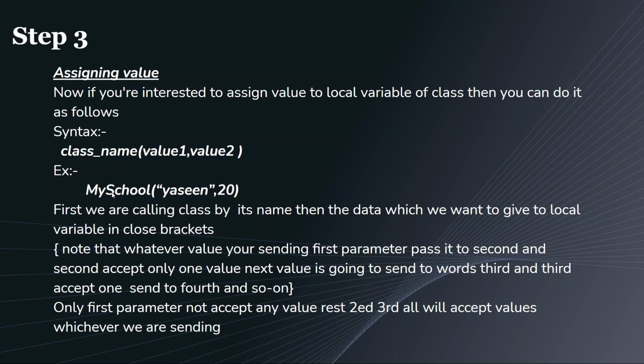In my class I am taking my class name which I have initially defined, and I want to store Yasin in the place of name and 20 at the place of age. First we are calling the class by its name and the data which we want to give to the local variable in brackets. Okay, let's move ahead.